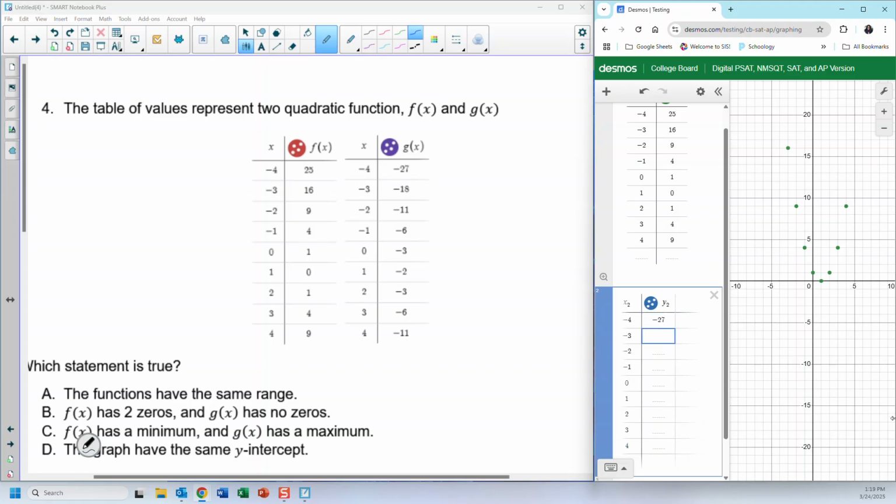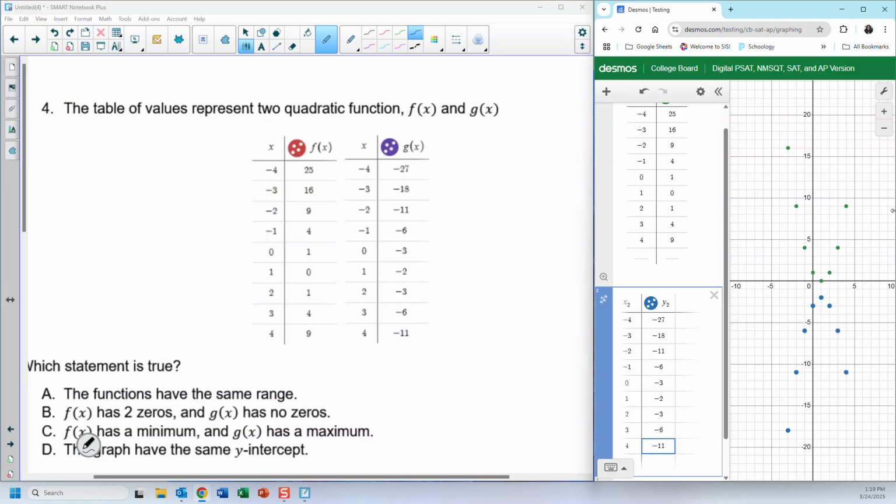And we're just going to look at the pattern. It should be quadratic. Well, first of all, because the question says it's quadratic, and also they look quadratic. It has a curve on it.